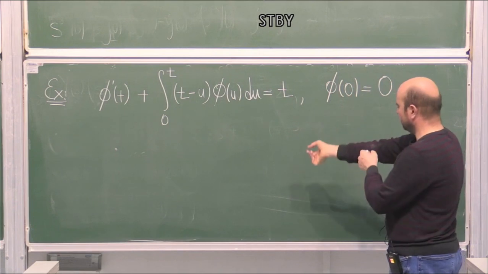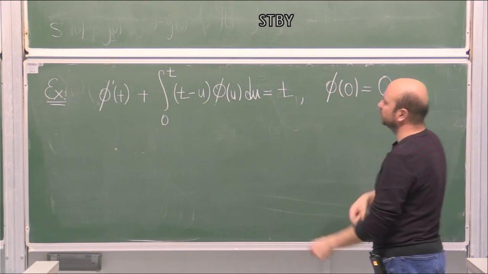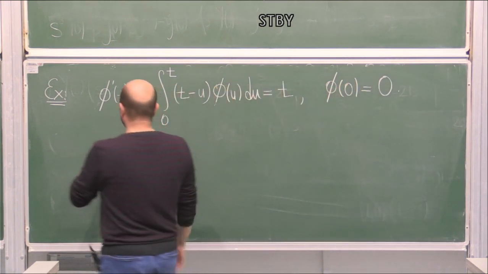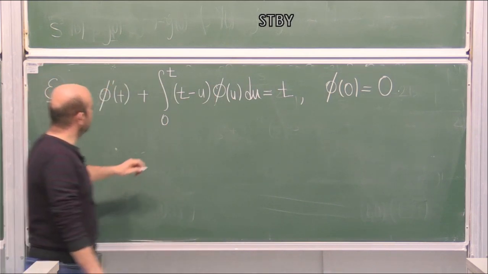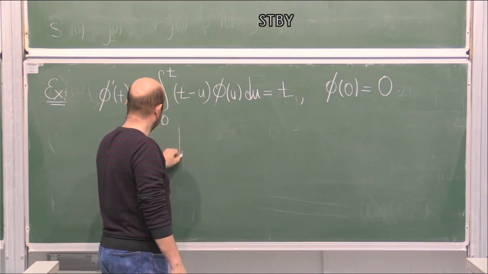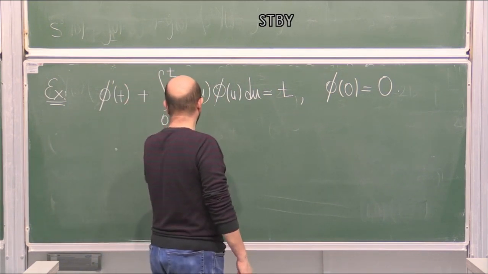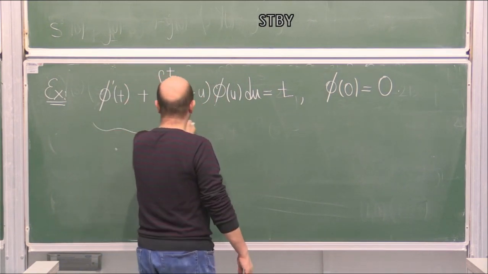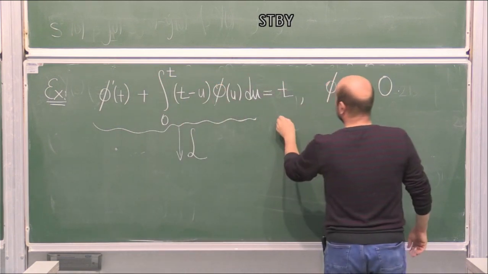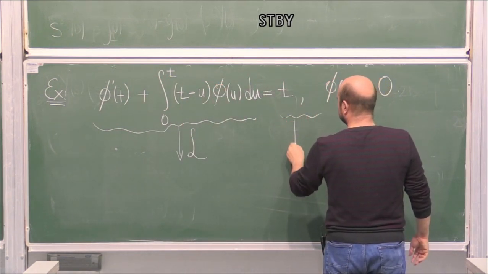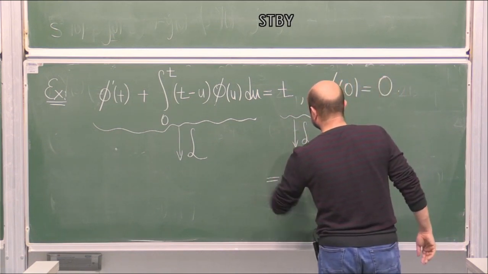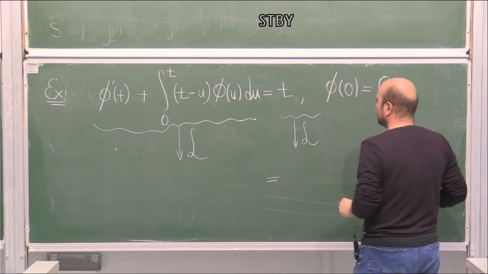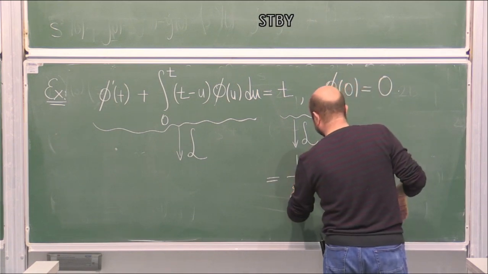If you apply Laplace to both sides, this time let me be quicker. I will apply Laplace to this side, and also to this side. I know if I apply it to this side, I get 1 over s squared.